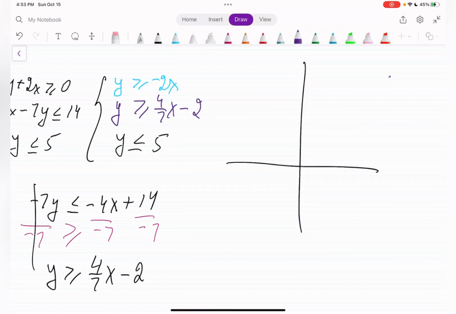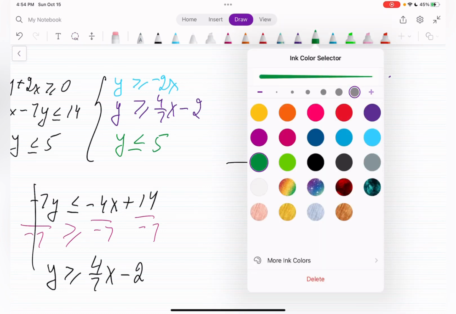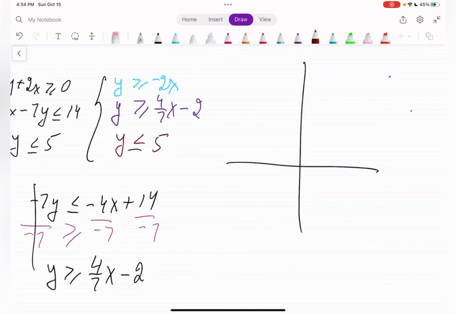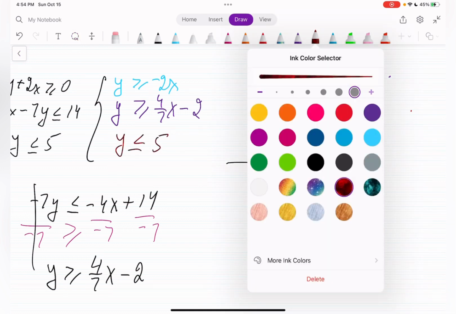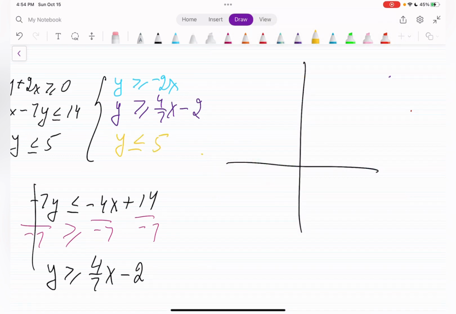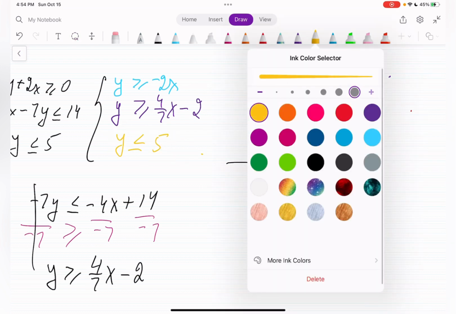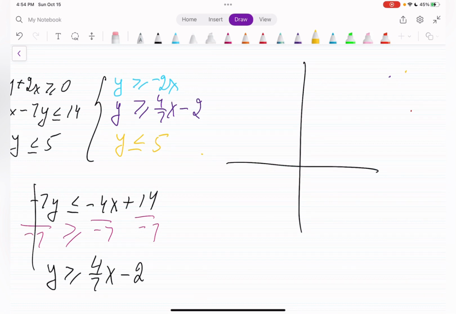And the third one is going to be, let me see, what color do I use? Okay, yellow. Just make it thicker. Oh, it's as thick as it can be.